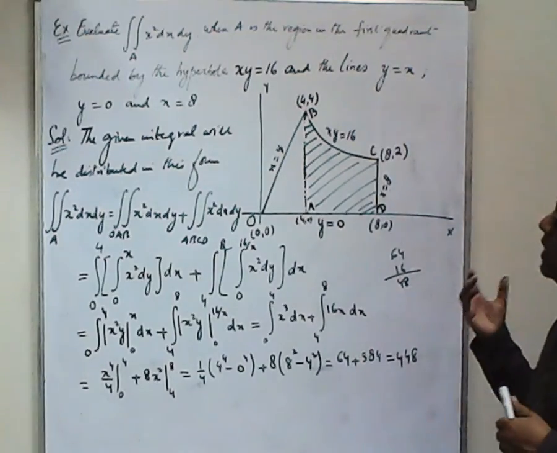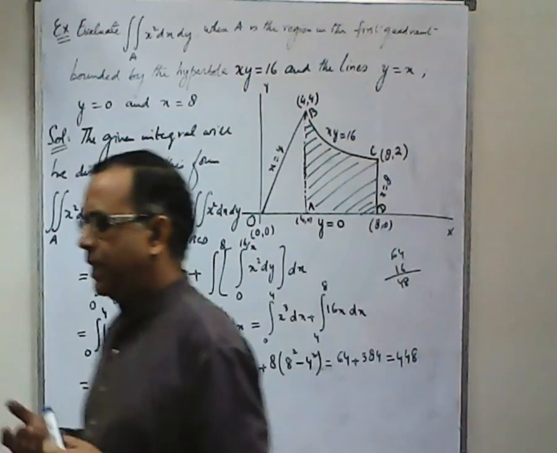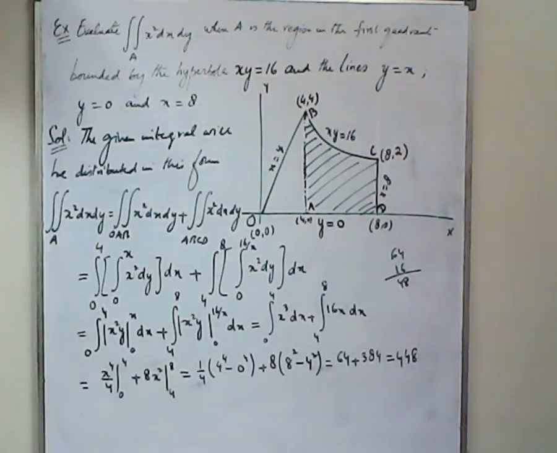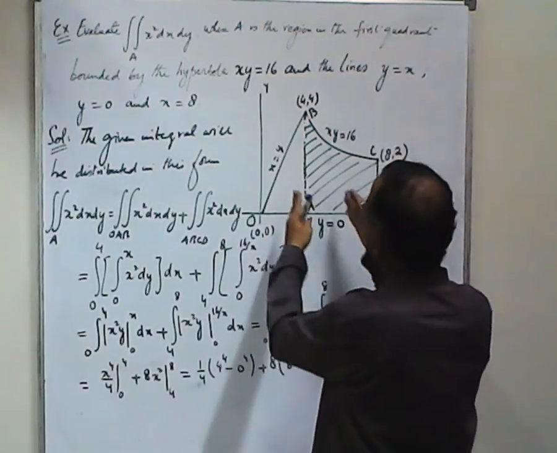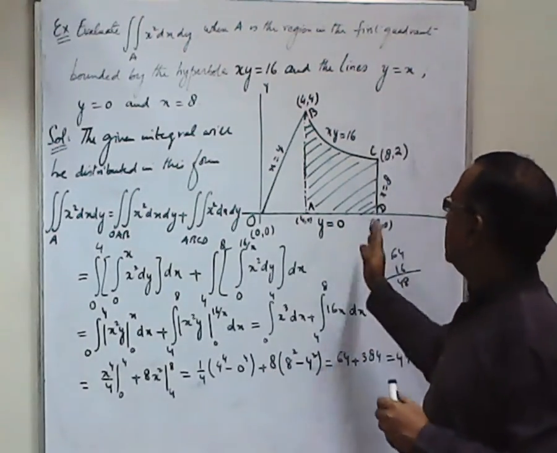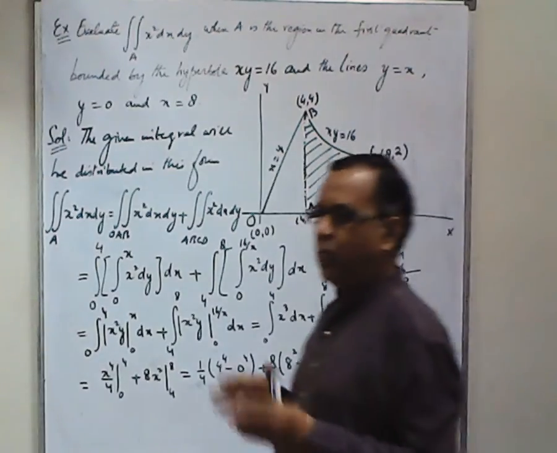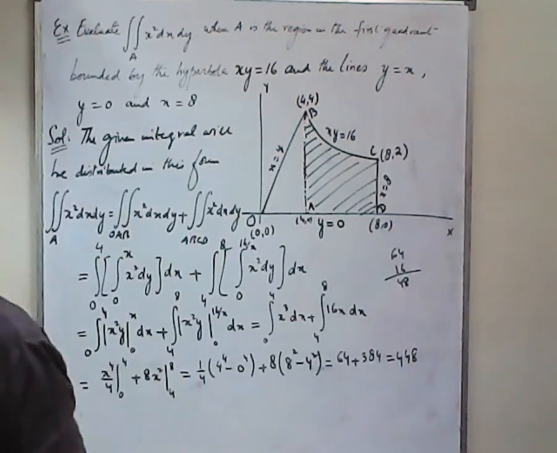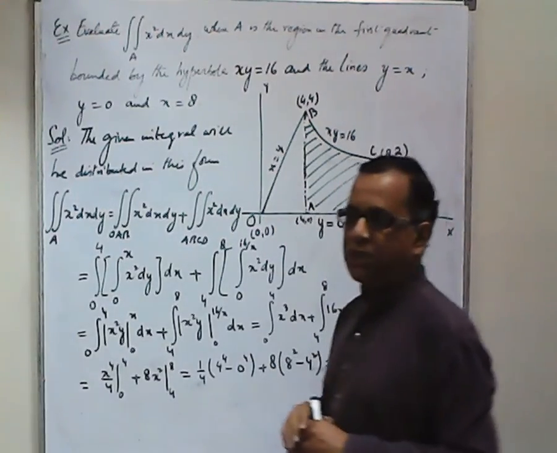So there were two things important in this example. Number one is that I solved it in two split portions. If needed, we can do it for our satisfaction, that we can solve this portion separately and this portion separately.